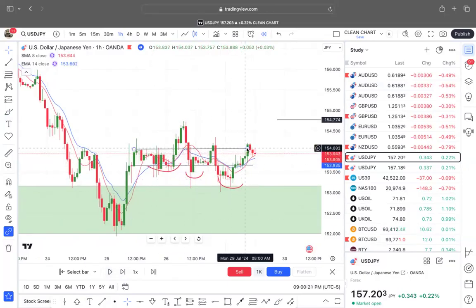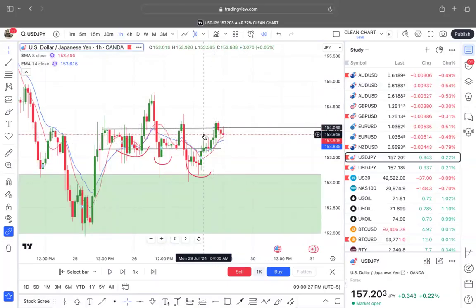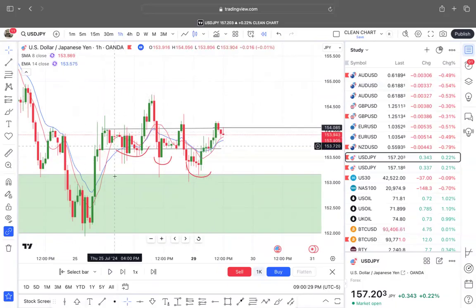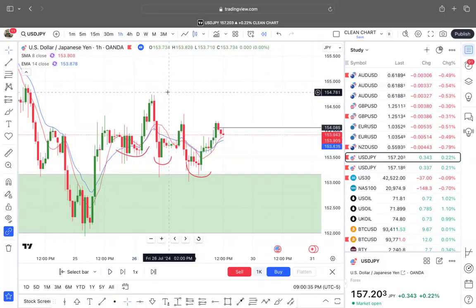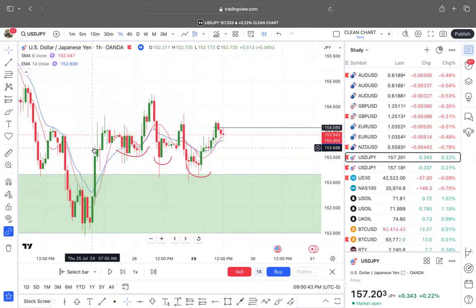So at this point where we had this final test, I would say that could have been a place where we could have entered. Why would we have entered? Again, purely off confidence, not because we've had any break and retests. Just look at this exhaustion.